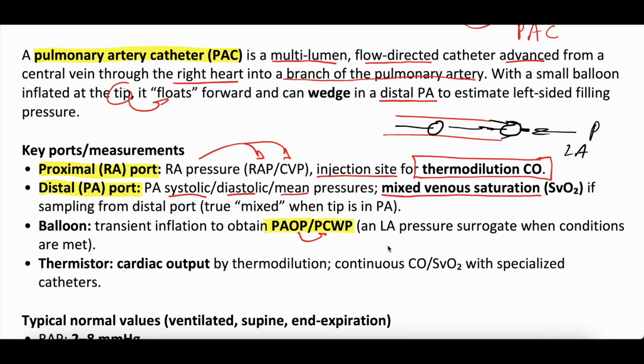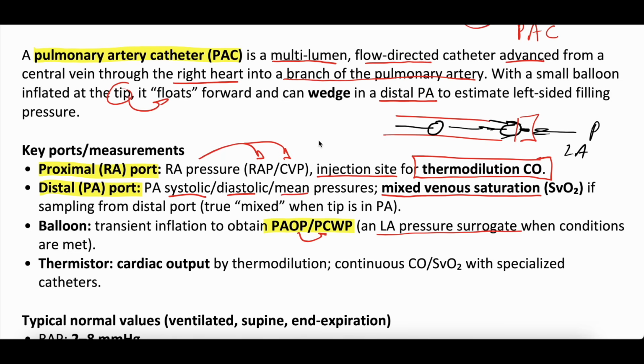And what this is, as we talked about, is you're occluding that pulmonary artery. And then there's the tip of the catheter on the other side of the balloon. And that tip you transduce a pressure off of, and the pressure you're experiencing, because you've occluded that blood vessel, there's no blood going from the right heart past the balloon, it's completely occluded. So the pressure that sensor is reading is actually the left atrial pressure transduced backwards to the catheter, right? It's a left atrial pressure surrogate, when certain conditions are met, which we'll talk more about.